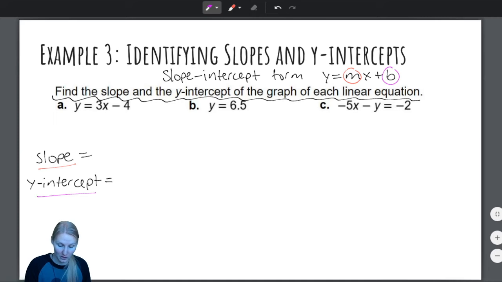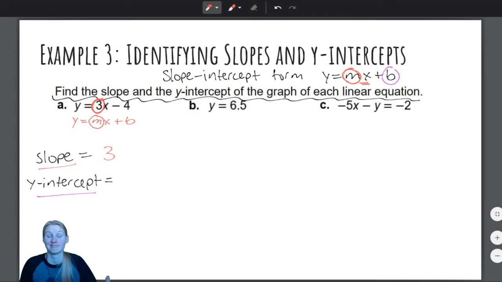So if we look at part A, y equals 3x minus 4, what's the slope? Well, the slope is m, or the number in front of x. So in part A, 3 is the number in front of x. If we take y equals mx plus b, we can see that m is 3. So the slope is 3.